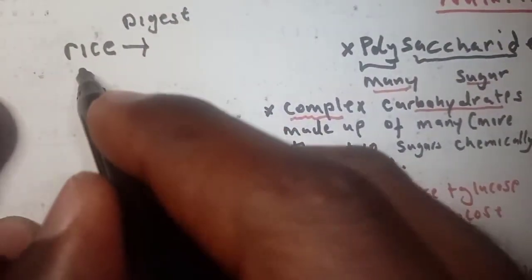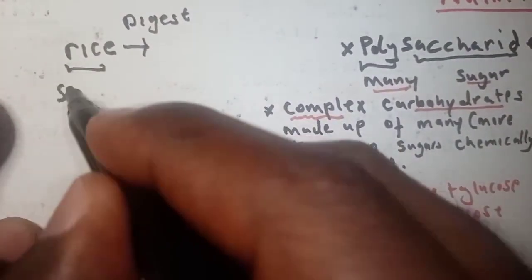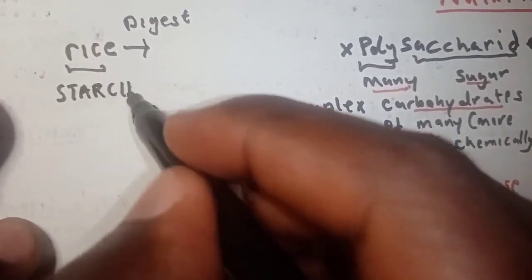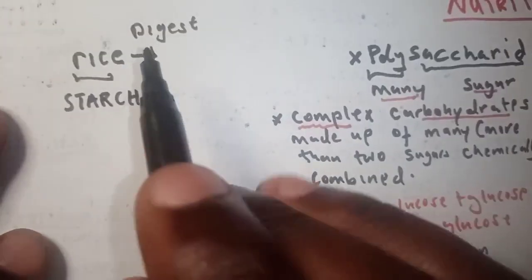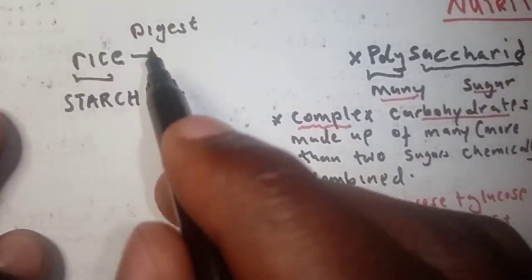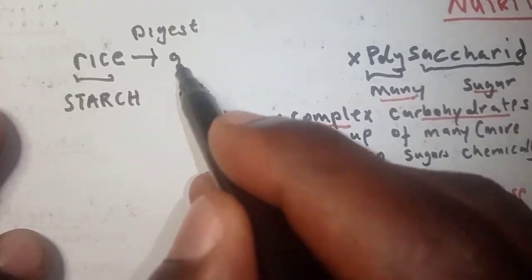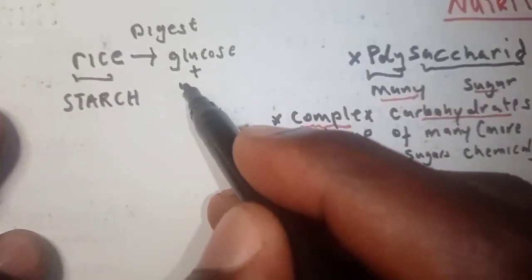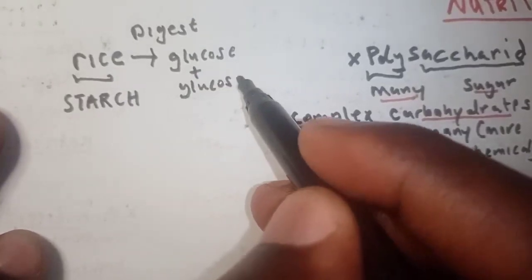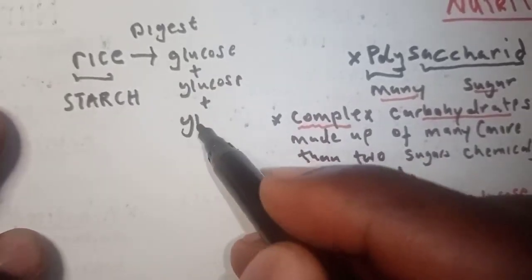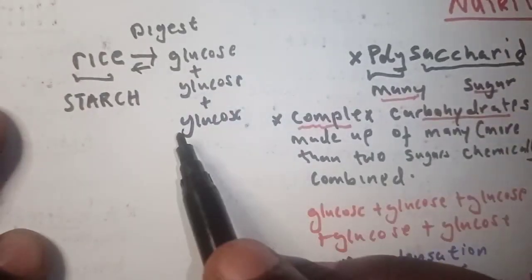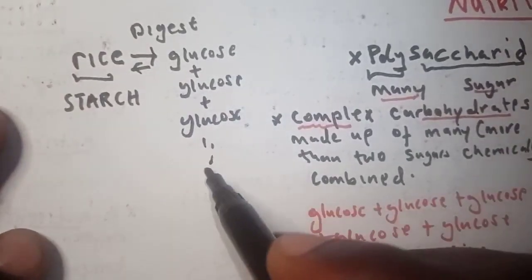When you eat this rice, you're going to digest it. And this rice contains starch. So when you digest it in your body, the rice will become many molecules of glucose.